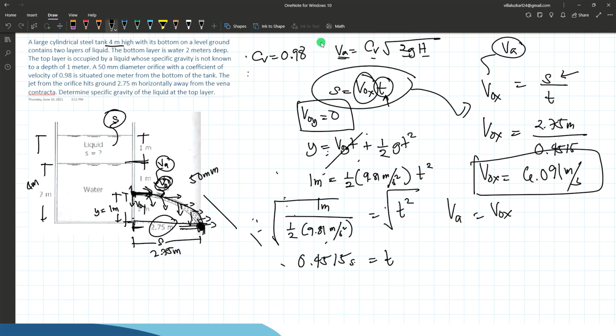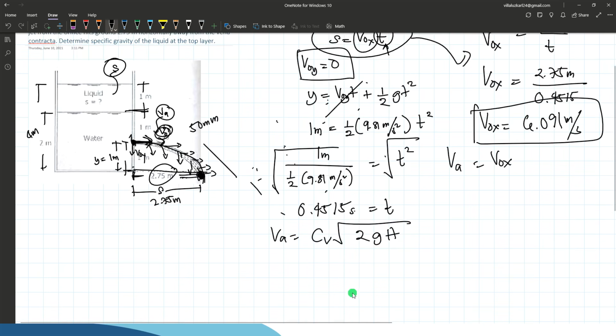So using the formula for the actual velocity, we have Cv times the square root of 2gh. Sorry, no A, because that's for discharge. From here, we can determine the value for h.